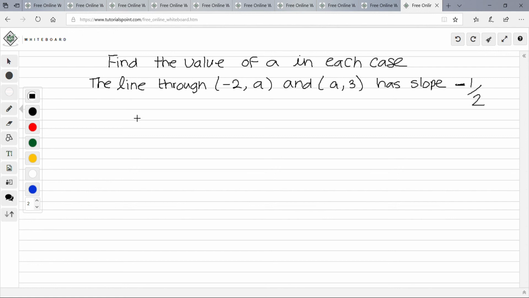So we know that slope, remember, slope is y2 minus y1 over x2 minus x1. So we could call this x1, y1, x2, y2.